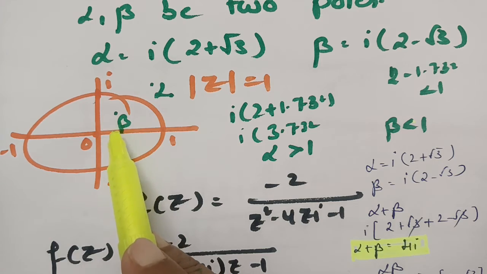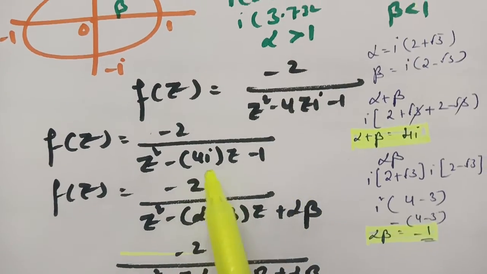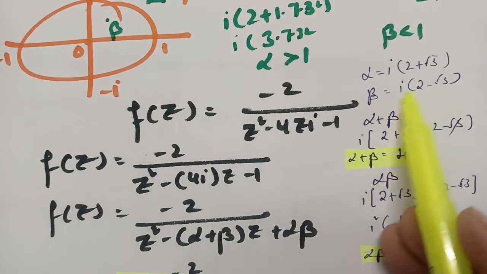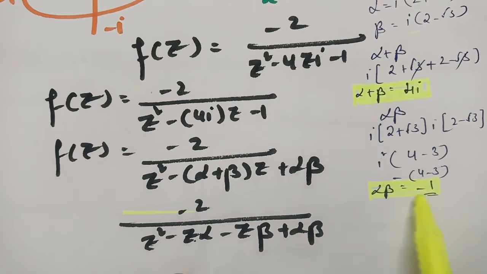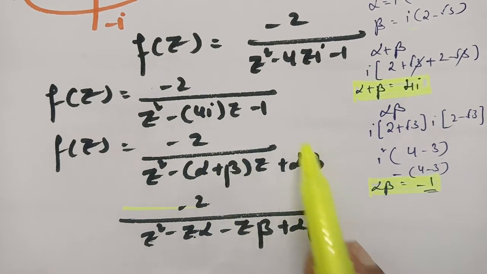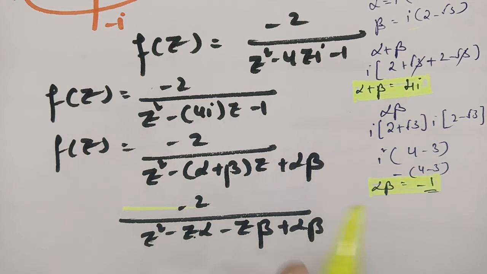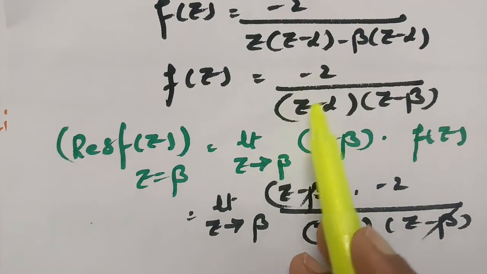So beta value lies within the given region and therefore f of z value is this one, and I can transform this as alpha is this one, beta is this one. So if I add up these two, this is 4i, and if I multiply these poles, it is minus 1. So in place of 4i I wrote alpha plus beta, in place of minus 1 I wrote alpha beta, and taking everything common, I got f of z as this.